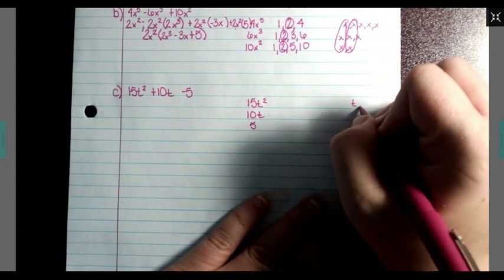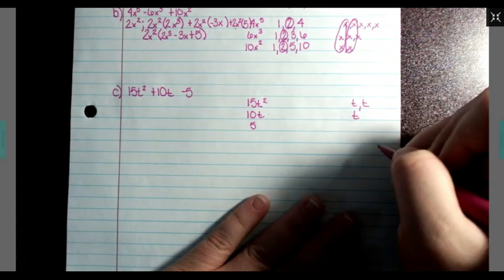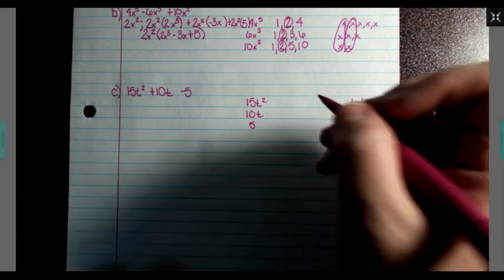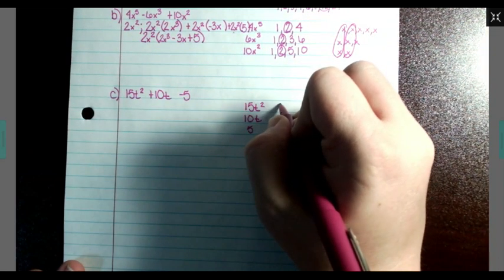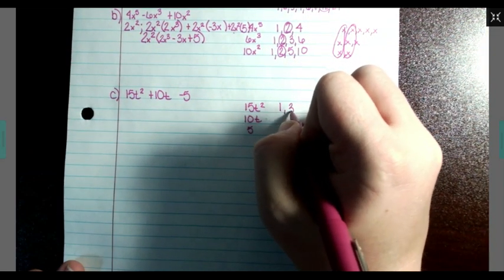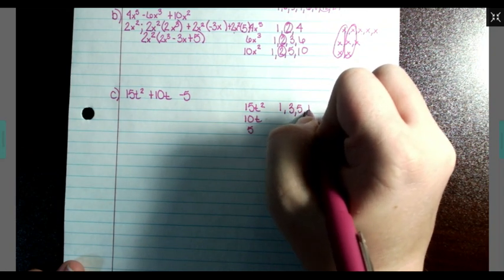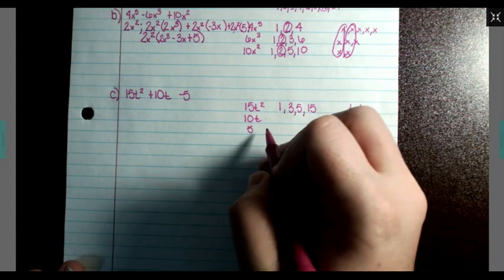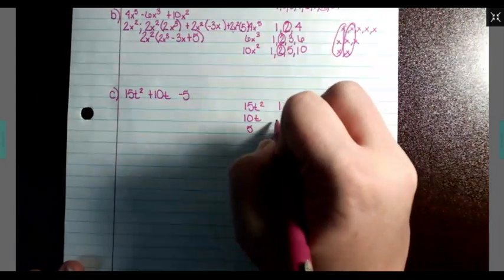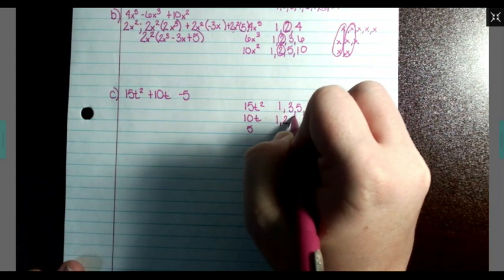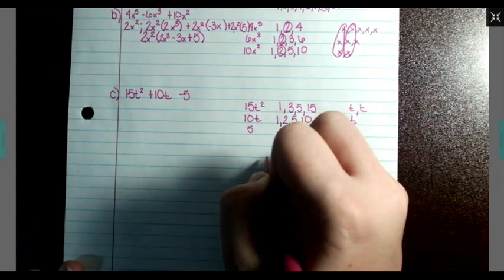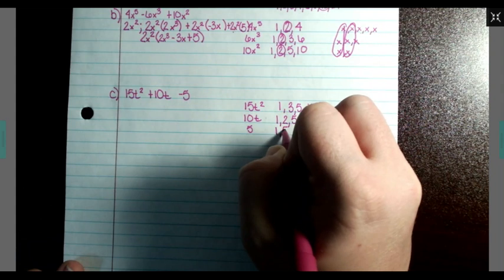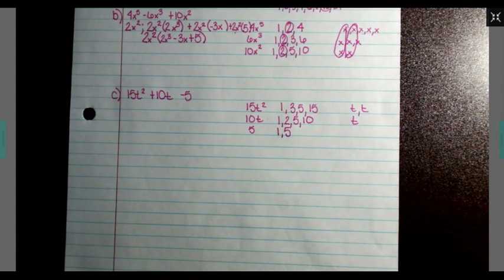Now let's look at those coefficients. To get 15, we could do 1 and 15 or 3 and 5. So I got 1, 3, 5, 15. To get 10, it's 1, 2, 5, 10. And here, the only 2 factors are 1 and 5.